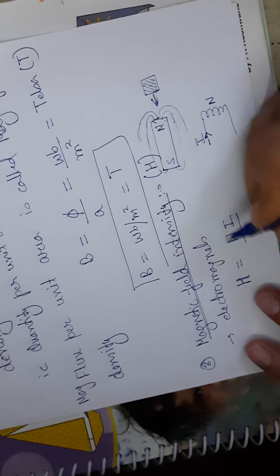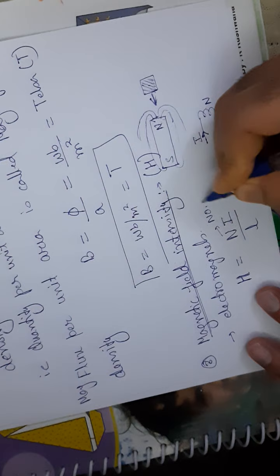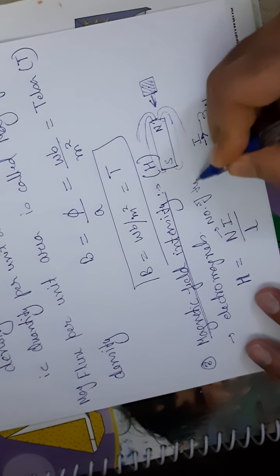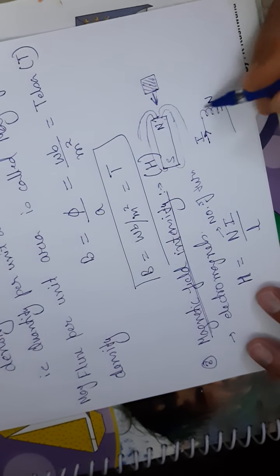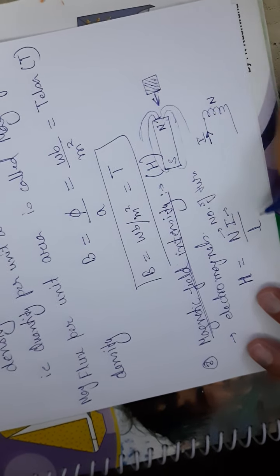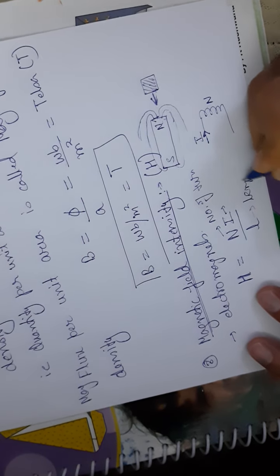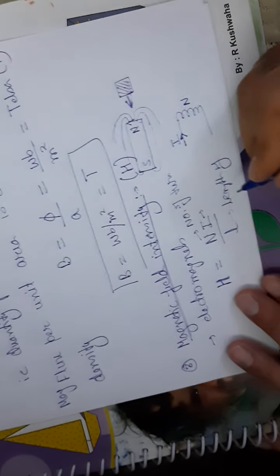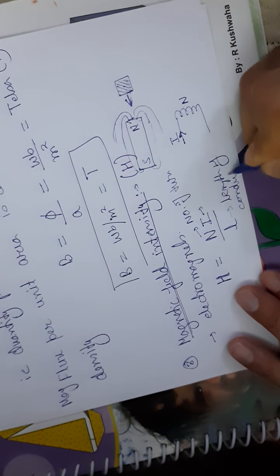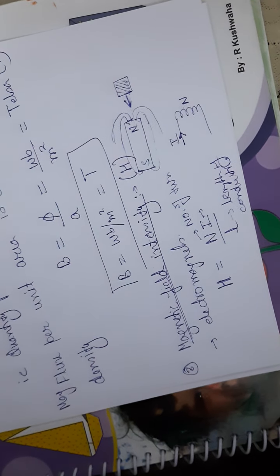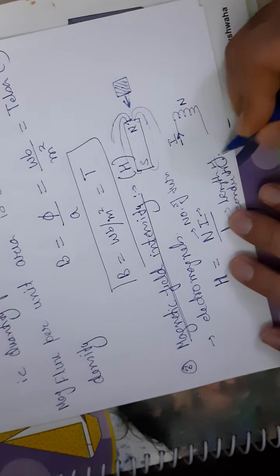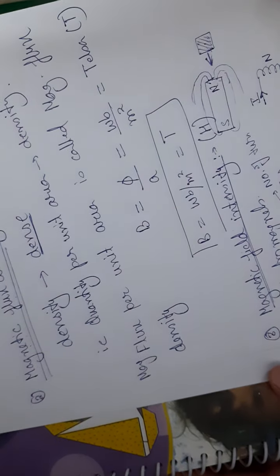Where N is the number of turns of the coil, I is the current through the coil, and L is the length of the conductor in meters. So what will be the units for this H?